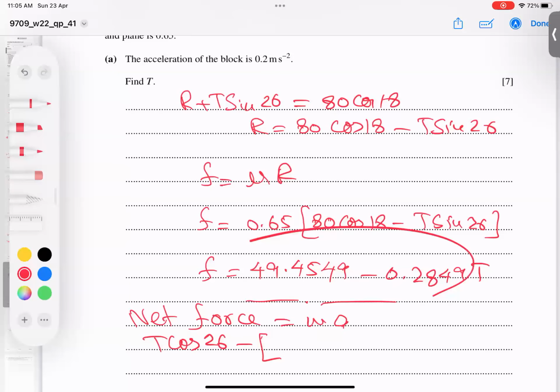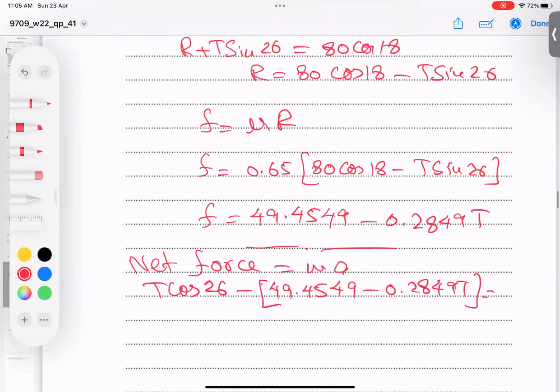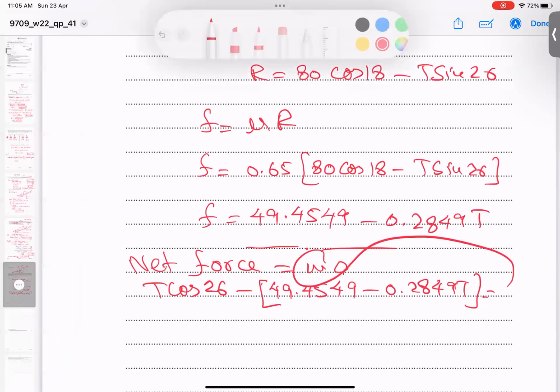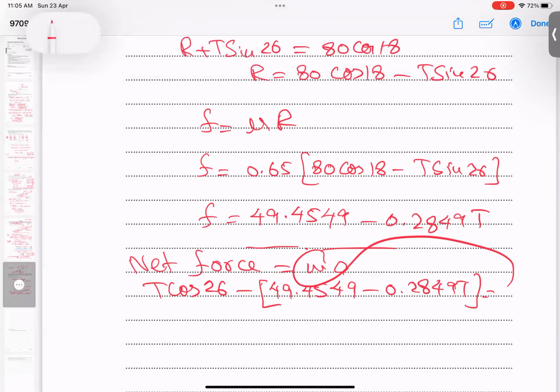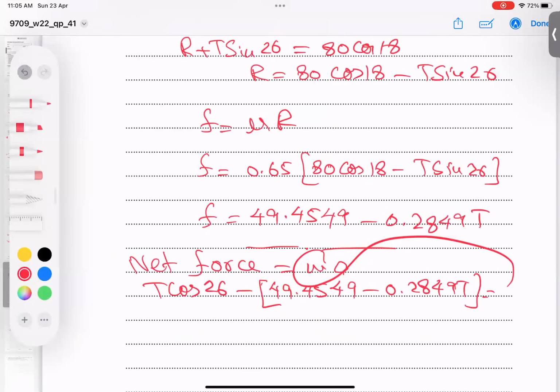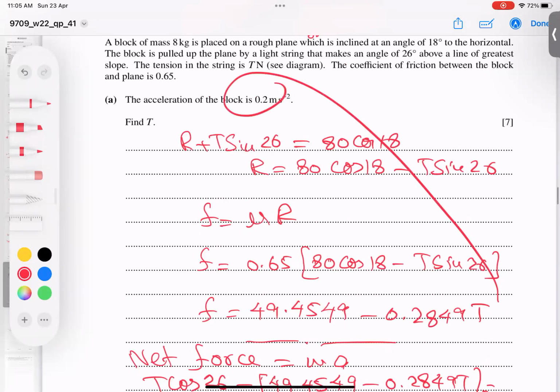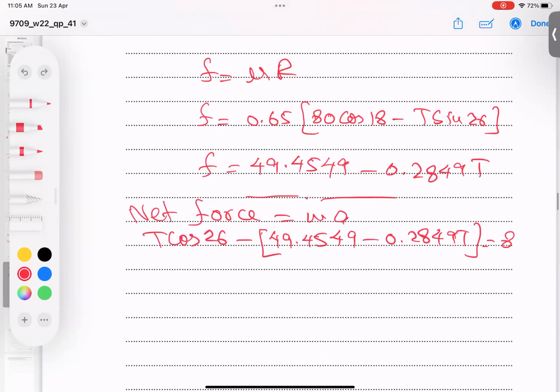In a bracket I'm writing the friction force, 49.45 minus 0.2849 T, and this is equal to mass, which is given as 8 kilograms, times acceleration, which is 0.2. Now it's a matter of typing in the calculator, or first just open the bracket.